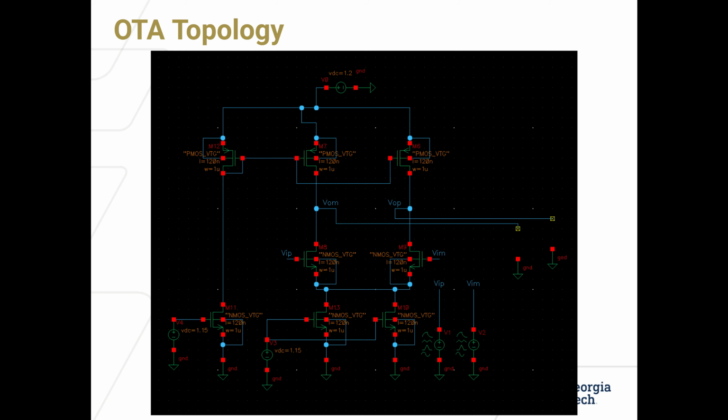And then as far as our OTA topology that we went with, right now we just started with a diff pair with an active load, partly because of the simplicity of the design. We wanted to just see if we could get some gain out of it.